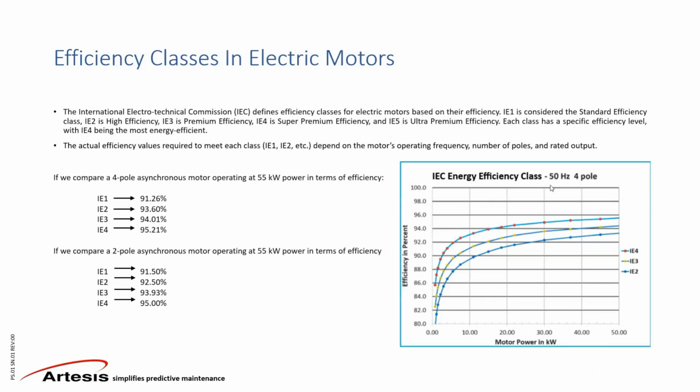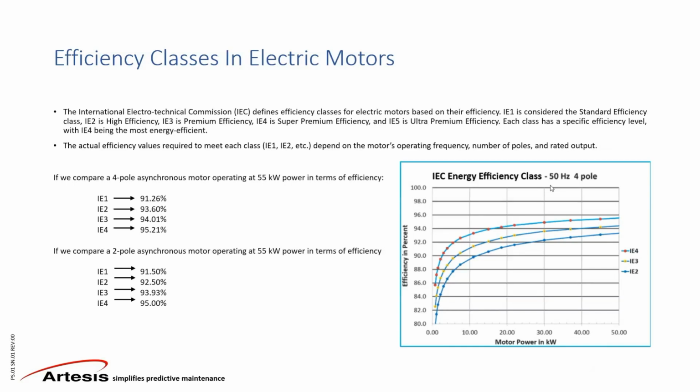And then the initial investment will be, of course, high for the efficiency class 4 motor, but calculating the savings just for that additional 4% increase from 1 to 4 will be quite significant, and it might be worth investing in an energy efficiency class 3 or 4 motor, especially this will hold true for medium voltage systems.